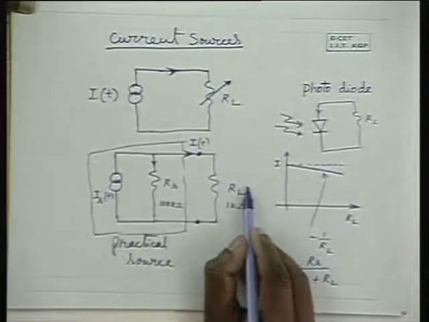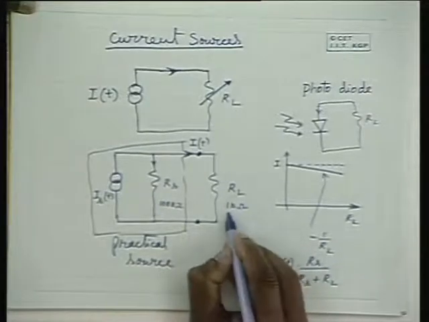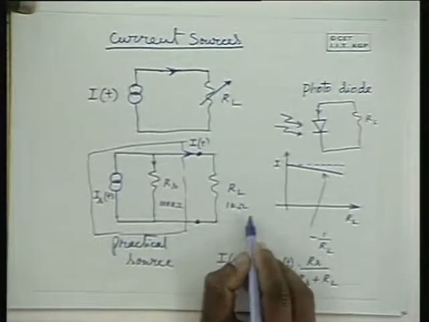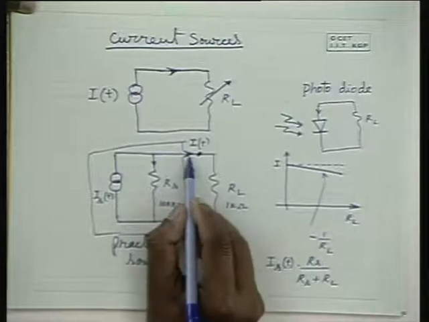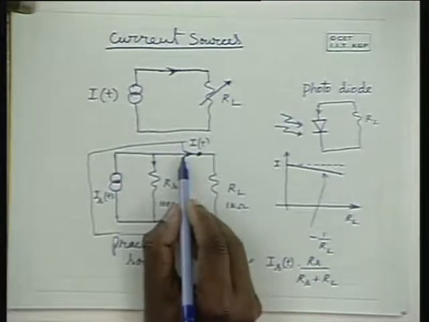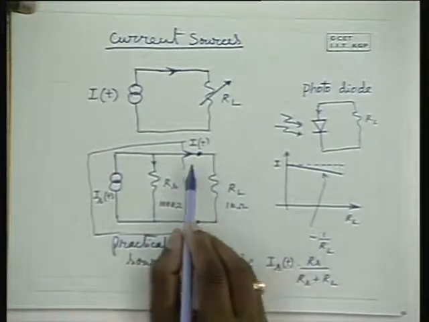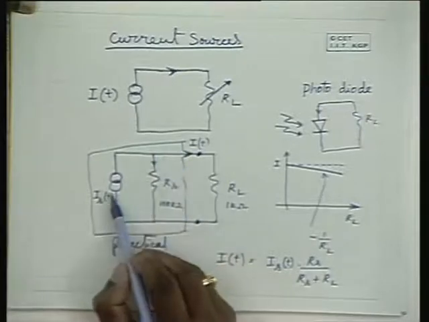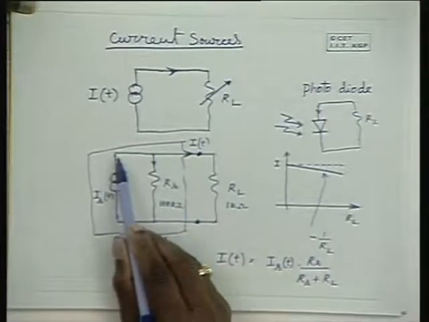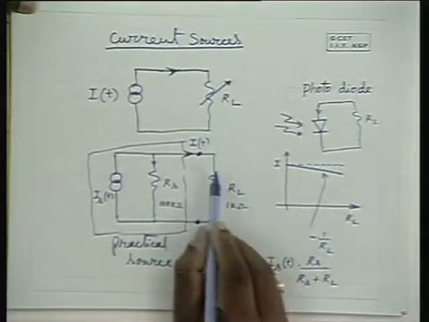Now, if the resistance drops to 500 ohms, how much change would you expect if this current is say 1 milliampere?